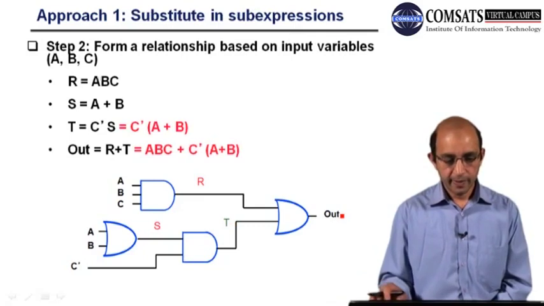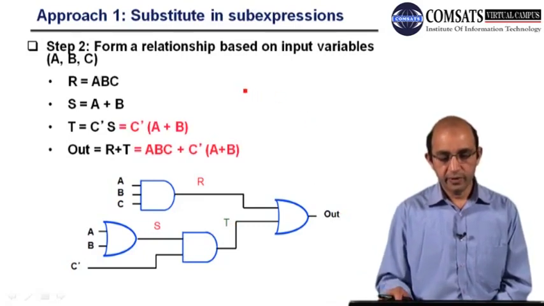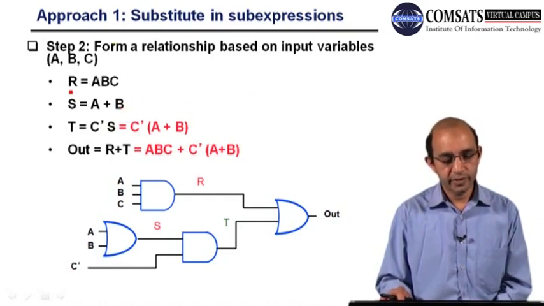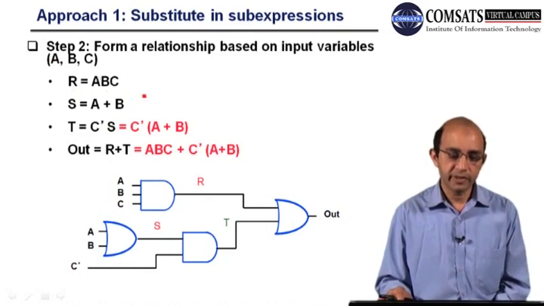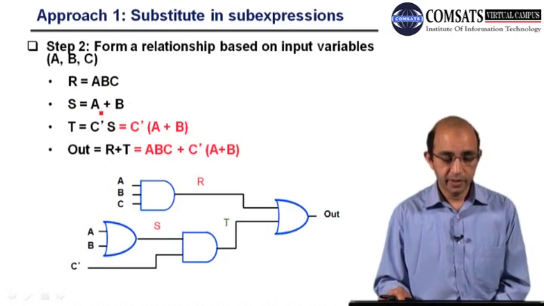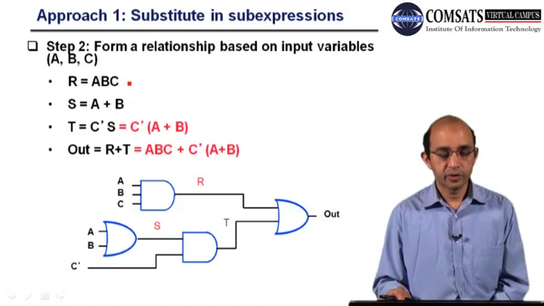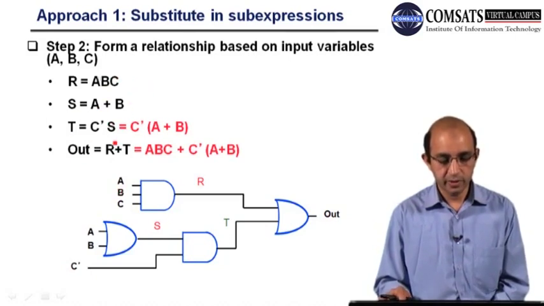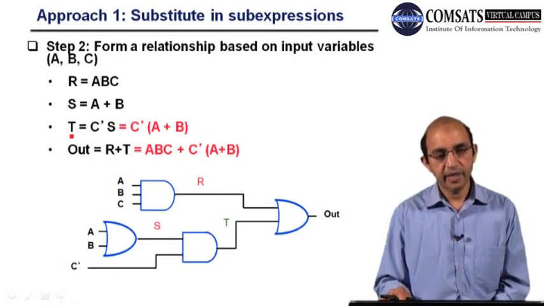Then we have to form the relationship based on the input variables A, B, C. We have to represent R in terms of A, B, C. Here we have S, but R and S are already in the form of ABC because we have input ABC. Over here we have to make some sort of substitution.